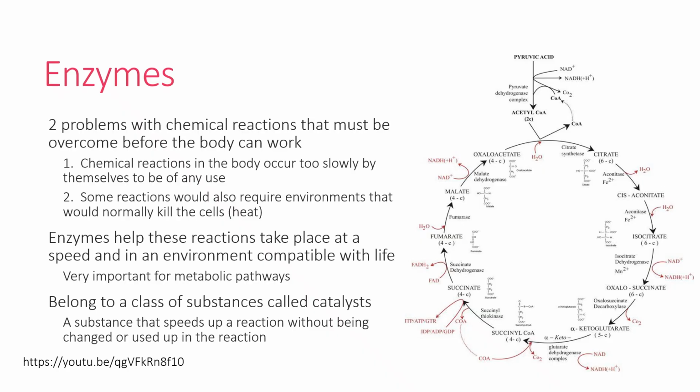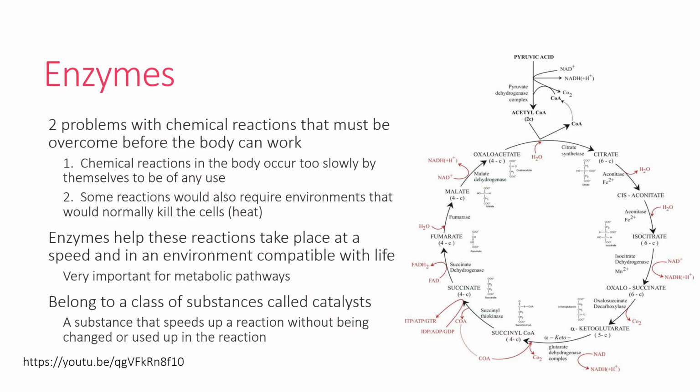Now we look at the sum total of chemical reactions. There are two big problems that we have to overcome before the body can function properly. The first one is that these chemical reactions, if left to their own devices, are going to occur too slowly to be of use by the body.